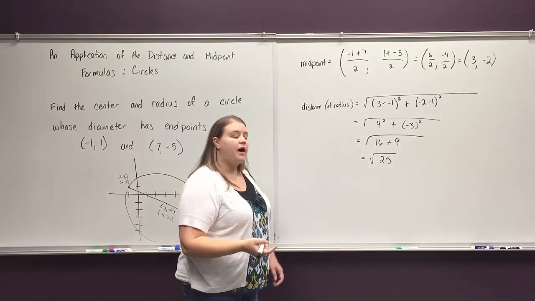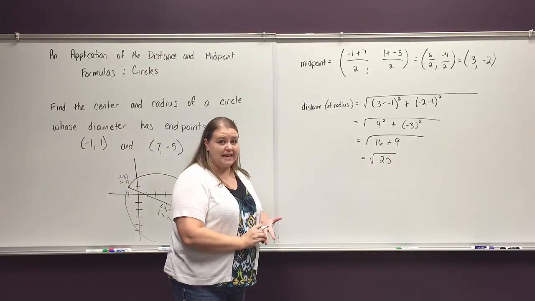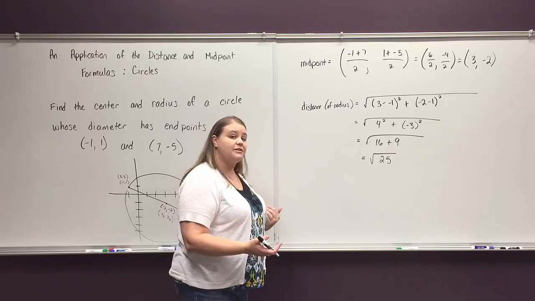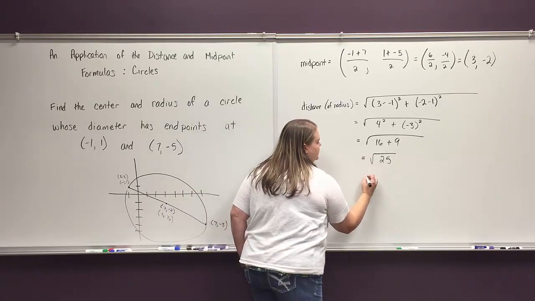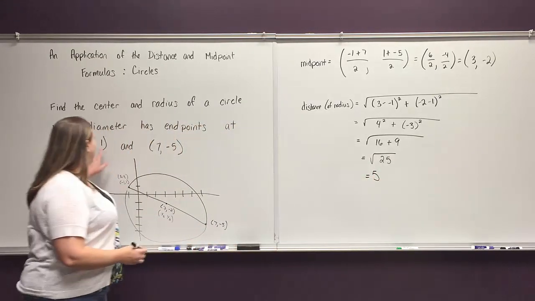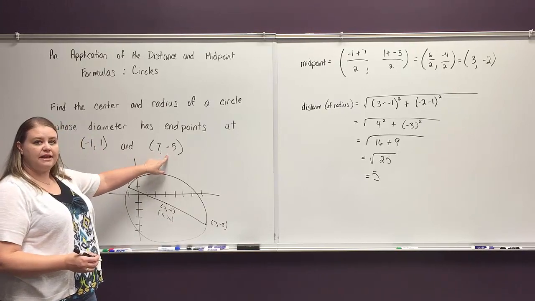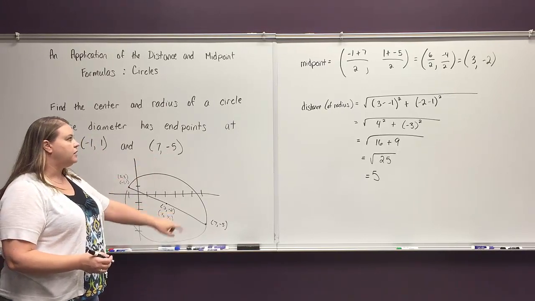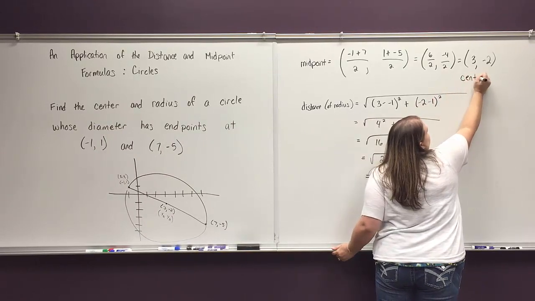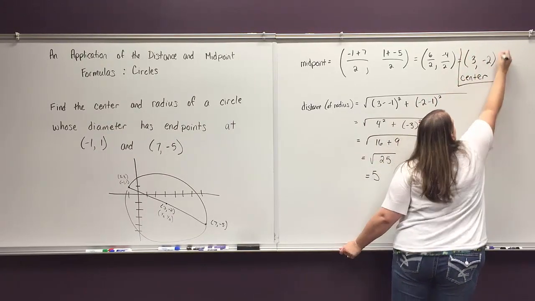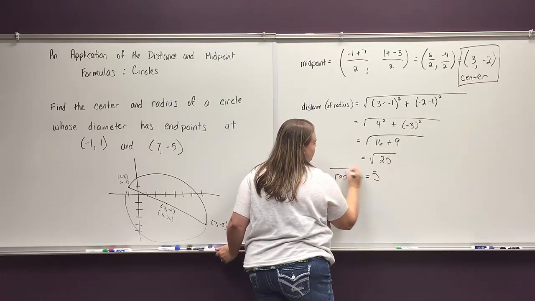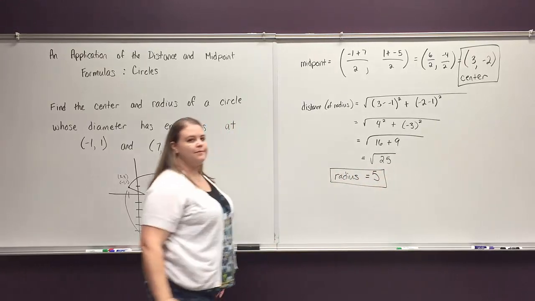The square root of 25, remember, is +5 and -5, but since we're dealing with a distance, it has to be positive, so we can exclude the negative, and we end up with a distance of 5 for my radius. So having endpoints of -1, 1 and 7, -5 for the diameter of a circle tells me that the center of my circle is going to be at 3, -2, and the radius of my circle is going to be 5 units.